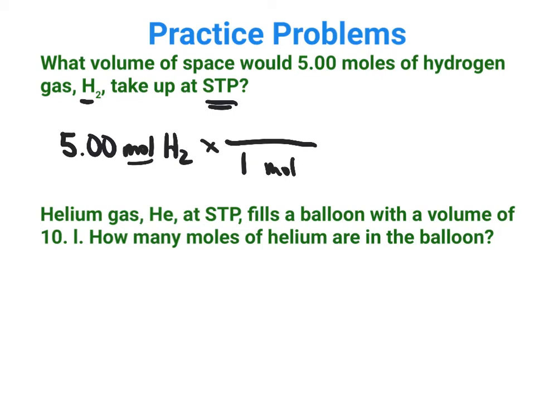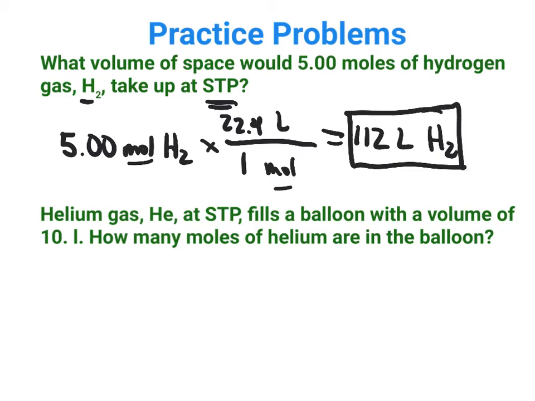We're trying to get rid of moles, so it goes on the bottom. So it's simply 5 times 22.4, which after I put it into my calculator equals 112 liters. So I know that if I have 5 moles of hydrogen gas and I hold it at STP, it's going to take up 112 liters.